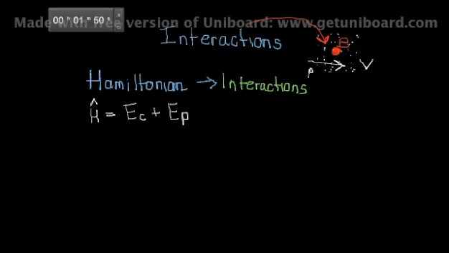Okay, this particle B has a motion, and the motion of the particle is associated with its mass m and a velocity.